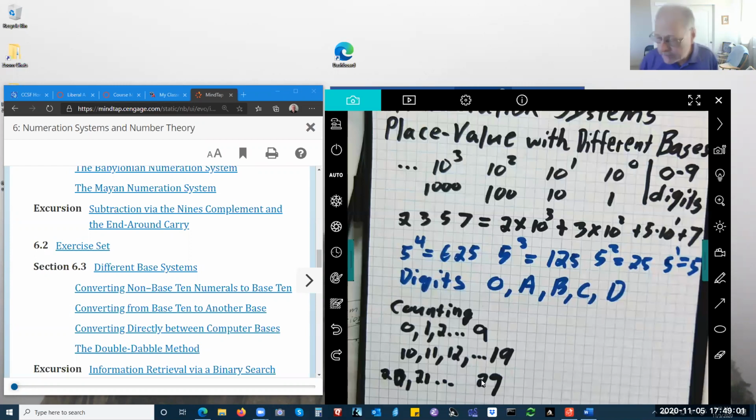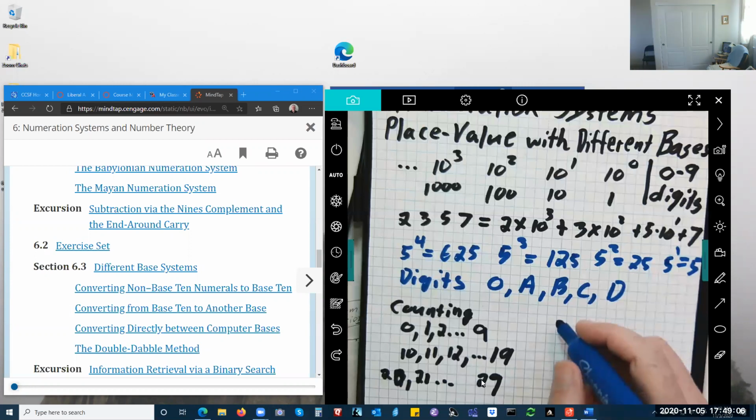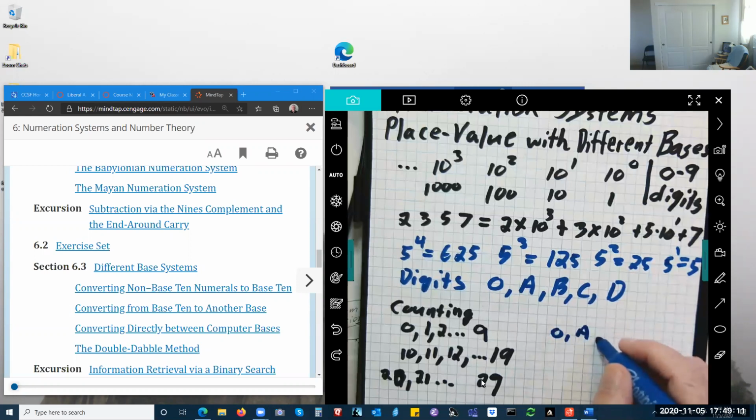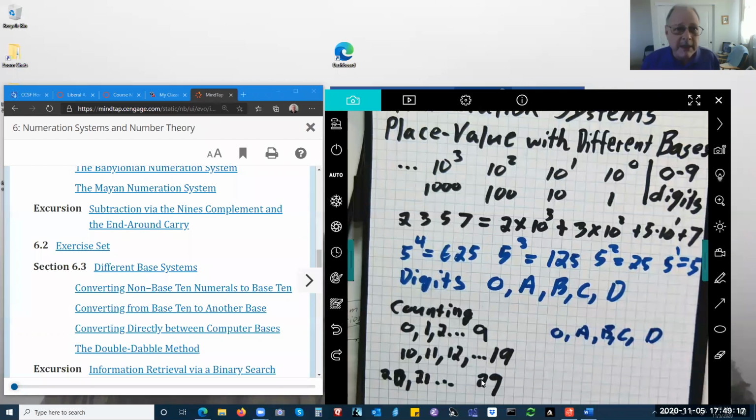Okay, so what would you do if you only had 5 symbols? You'd go up to D, and then you've run out. My D and my 0 look a little bit alike, but after you run out, you come to D, then you've got to start a new column.